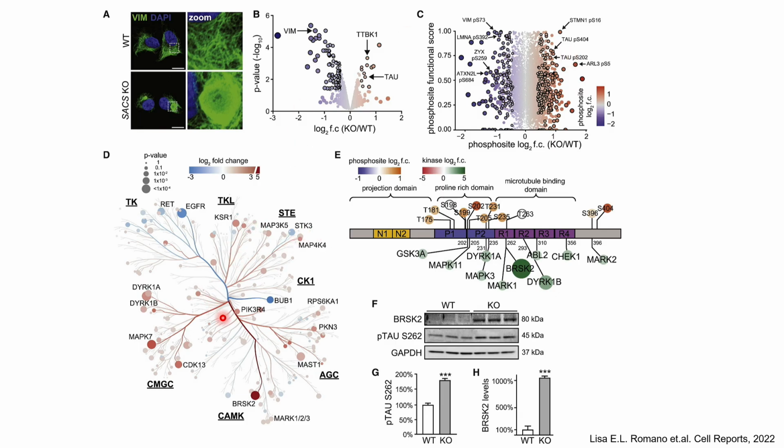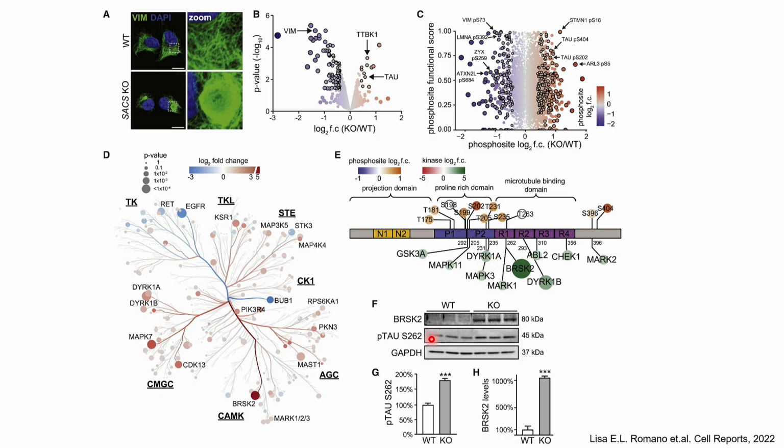When they did the kinome mapping, these are the kinases, the red ones are overactivated, and the specific tyrosine 262. When they did the kinase enrichment, they found the BRSK2 kinase. Nobody ever heard of BRSK2, nobody bothered with it, but this is the most significantly enriched.